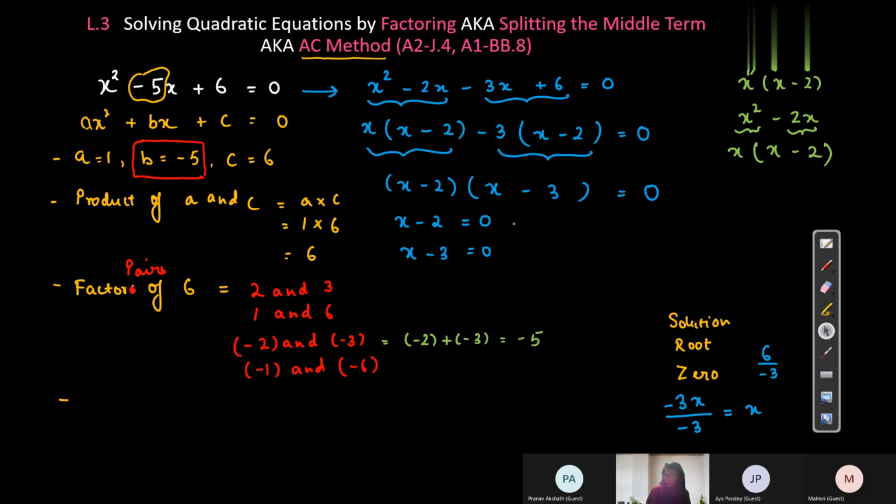Now if x minus 2 is 0, then value of x has to be 2, and if x minus 3 is equal to 0, then value of x has to be 3. So this is it. You have your solution of this quadratic equation, 2 and 3. And if you remember, when I was solving this, I told you we checked it, right?